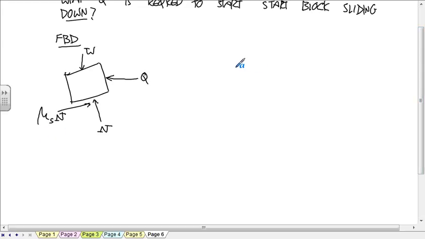The rotation matrix is, so we're still rotating to a coordinate system like this. So the rotation matrix is cosine theta, sine theta, negative sine theta, cosine theta.